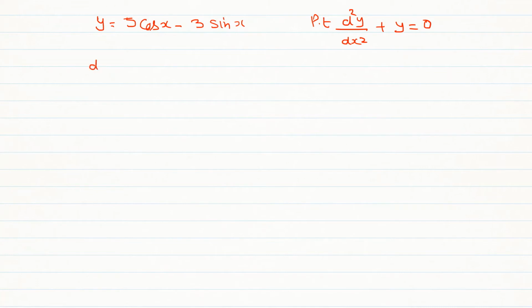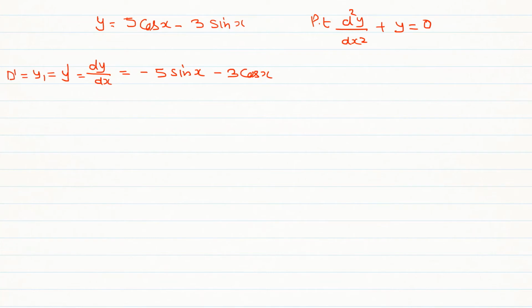So let's first find out the first derivative, which is dy by dx is minus 5 sin x, and then we have minus 3 cos x. Now this is the first derivative. This can also be written as y prime, this can also be written as y1, this can also be written as d1.